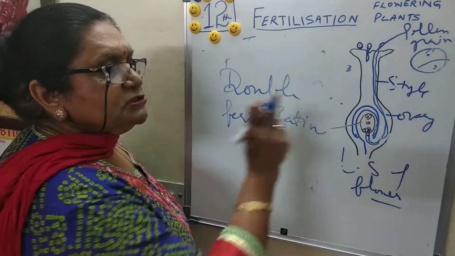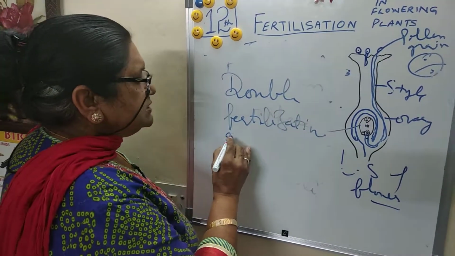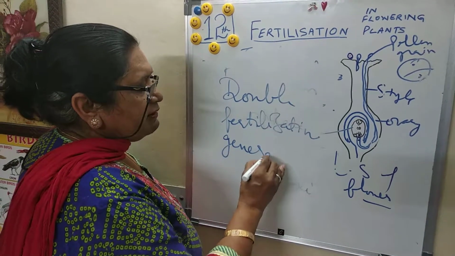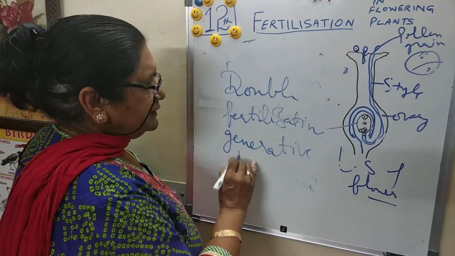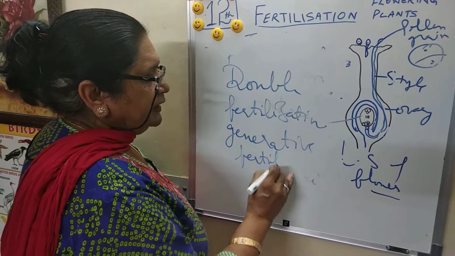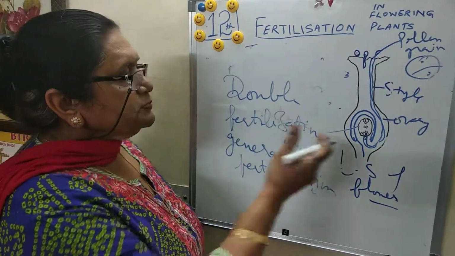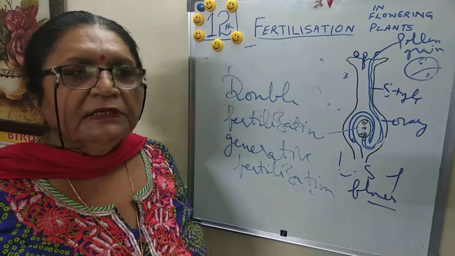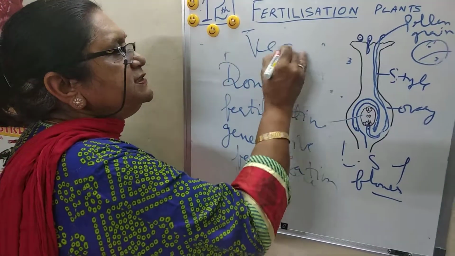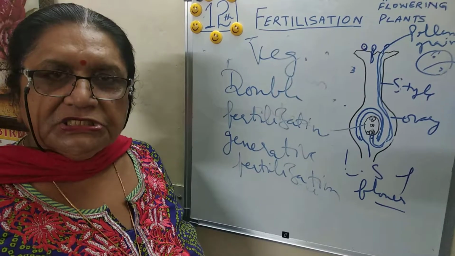The fertilization to form the zygote is also called generative fertilization. For the endosperm, the other structure formed, the fertilization is called vegetative fertilization.